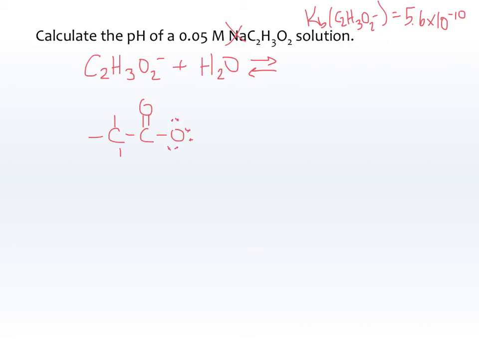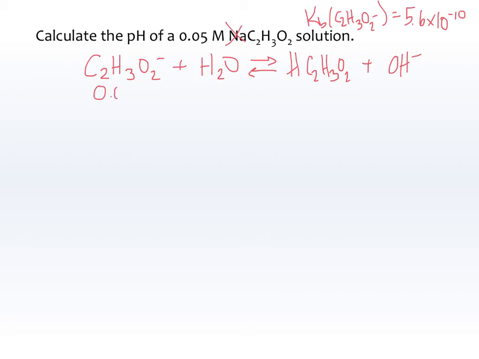So maybe right here it'll take a hydrogen. So there's places on that oxygen so it can take a hydrogen, so the oxygen will be happy and have a low formal charge. But either way, that's what it's going to do. So let's write that reaction. If you take a hydrogen from water, the acetate ion will be left as HC2H3O2, and water will be left as OH minus.